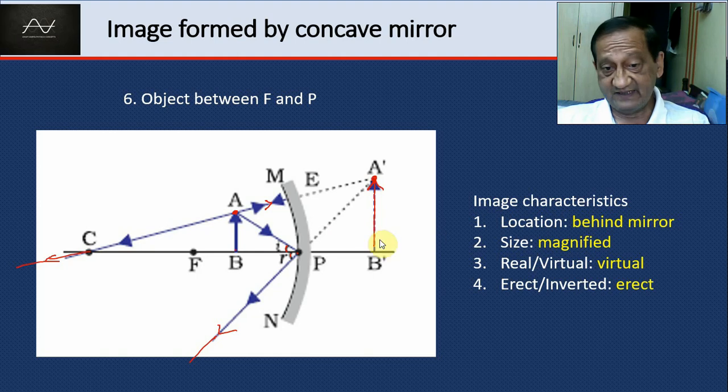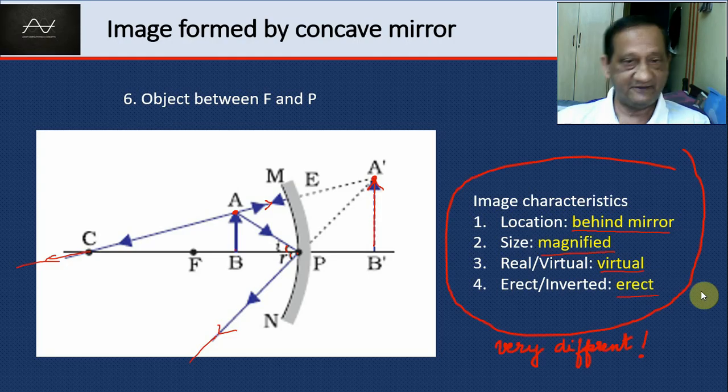This is behind the mirror. The reflected rays do not actually intersect. Therefore, it is virtual. And if it is virtual, it should be erect. And it is magnified also. The location is behind the mirror. It is magnified. It is virtual for the first time and it is erect. So this is completely different. The sixth position is completely different.